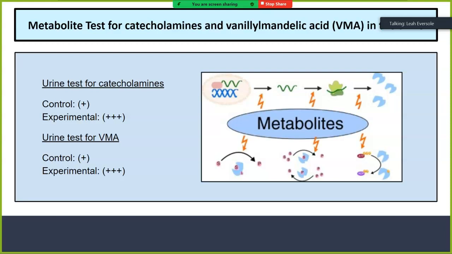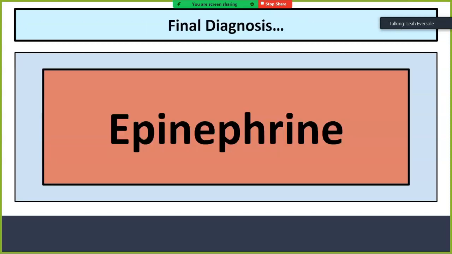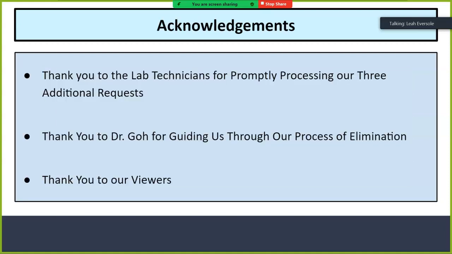And you can see in our experimental data it is much greater than in the control data, which is another piece of evidence leading towards epinephrine. Therefore, we decided our final diagnosis is epinephrine for our project. We think this is what the rats were given compared to the control.